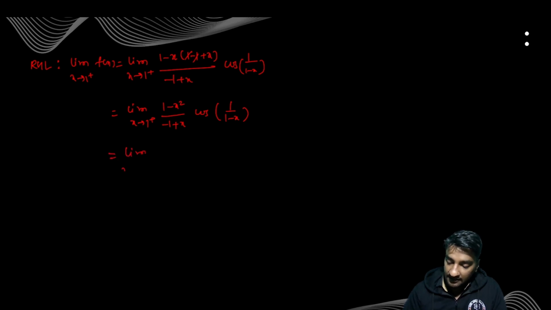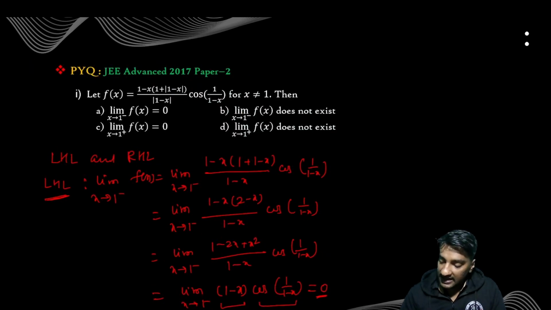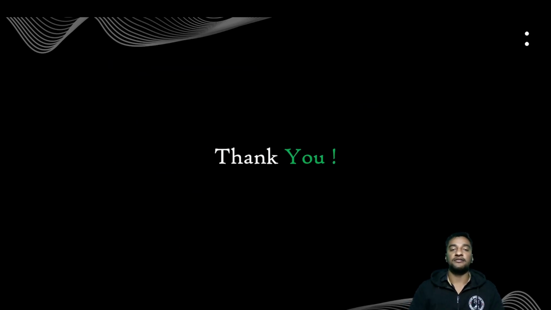This is limit x tends to 1 plus, this is minus of (1 minus x) cos of 1 by (1 minus x). See, this is oscillating and this is non-zero, therefore the RHL does not exist. So we have RHL does not exist and LHL is 0. Therefore the answer is option A. Okay, so that's all for today. Thank you.